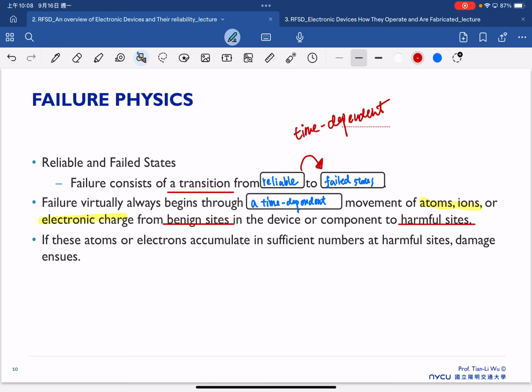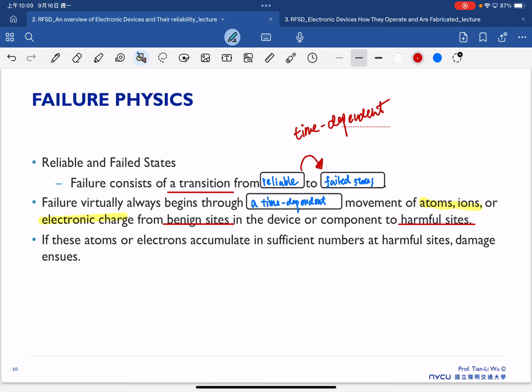So these failures are always a time-dependent process from the reliable state to the failed state. But in detail, it's a time-dependent movement of certain species.